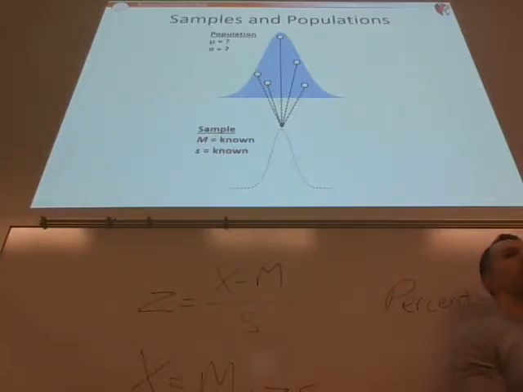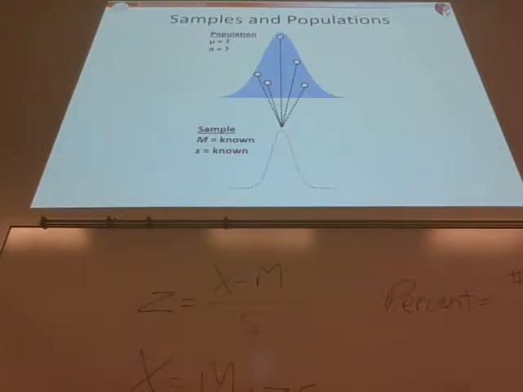If I want to know the IQ of a sample, I can give those 5 individuals an IQ test and say, fill this out. And then I can say, all right, I have your IQ scores, I can calculate the mean. I know the standard deviation because I can calculate it because I have access to those raw scores. So we use that sample to estimate that population.